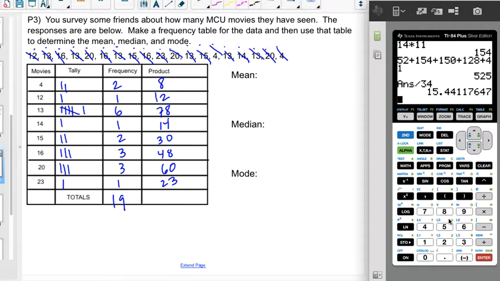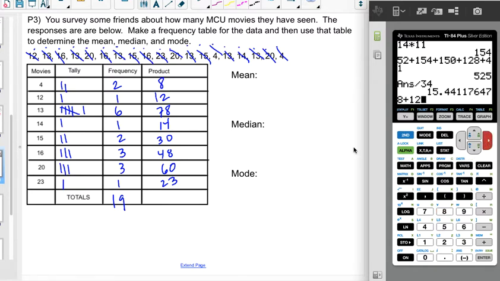So 8, there we go, 8 plus the 12. It would help if the calculator was slightly less laggy. Second, insert 8. There we go.